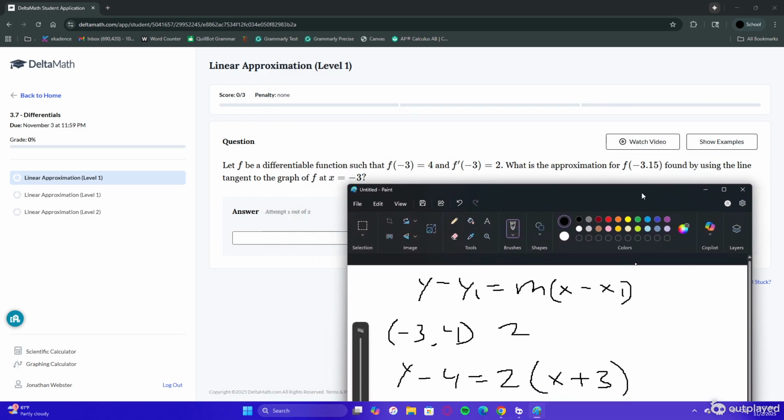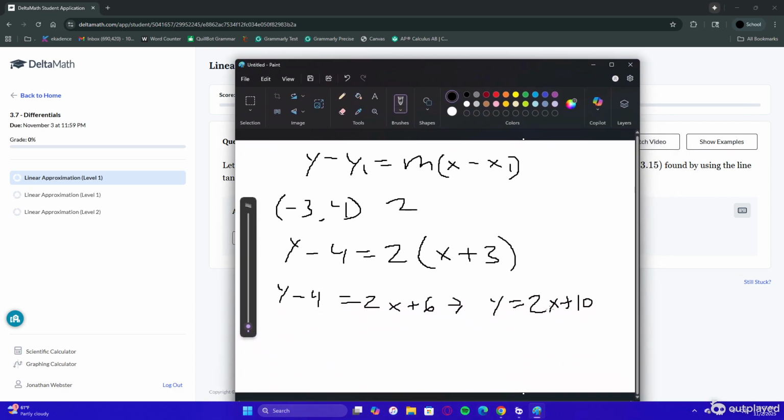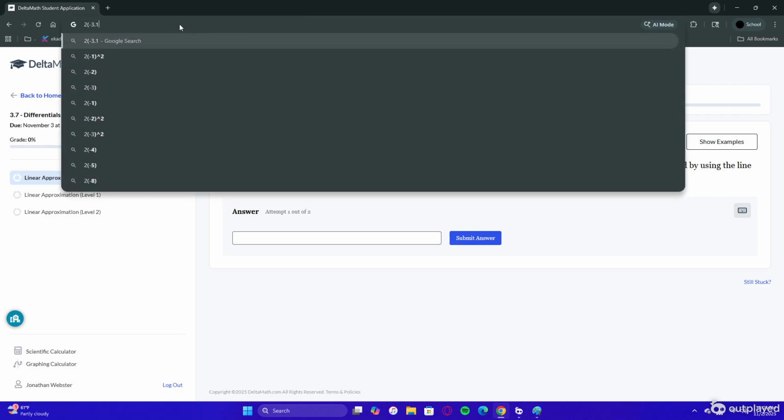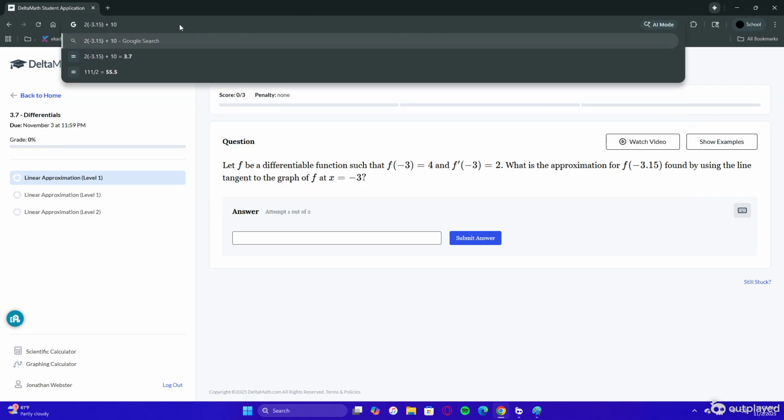And they want us to approximate the value at -3.15. So now instead of x, we're just going to have y equals 2 times -3.15 plus 10. And that's equal to 3.7.